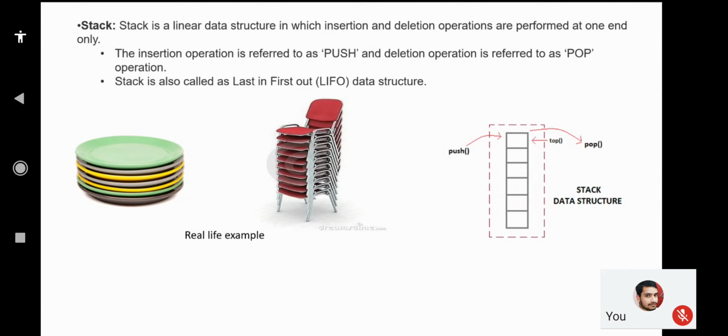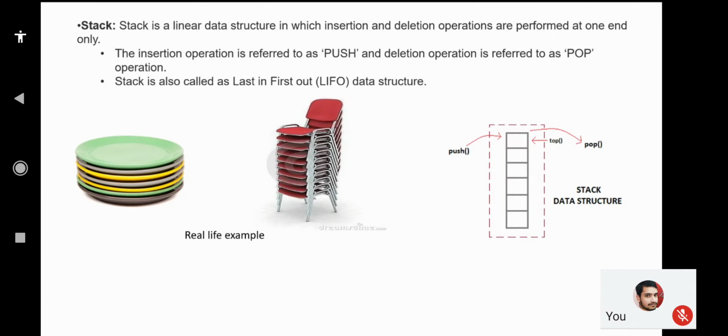Similarly, if you want to keep a plate here in this data structure, how can you keep it? You just keep the plate on the top. That means it's a linear data structure where insertion, basically known as push here, and deletion, basically known here as pop. So insertion and deletion both take place from one end.